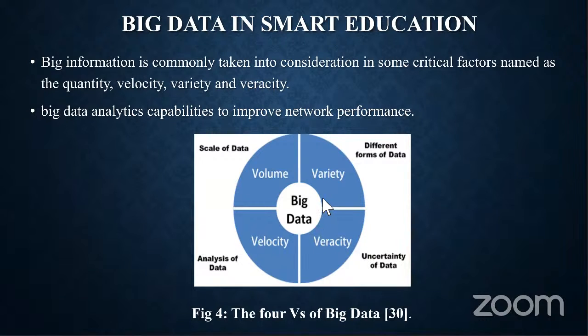The issues of high volume of network traffic affect the business sectors. Big data analytics capabilities improve network performance. It is important to mention here that network performance has a significant impact on both operational and dynamic capabilities.